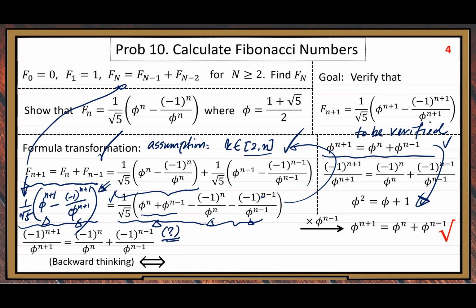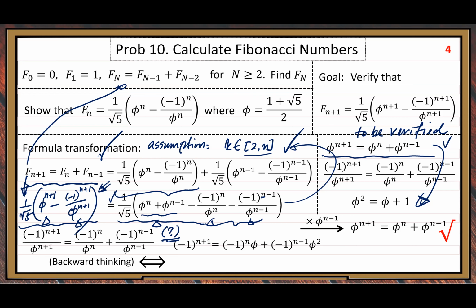By backward thinking, in order to show this equality is true, we only need to show this second equality, because we just multiply phi to the n plus 1 power on both sides.